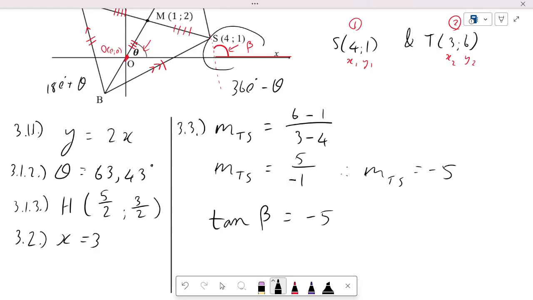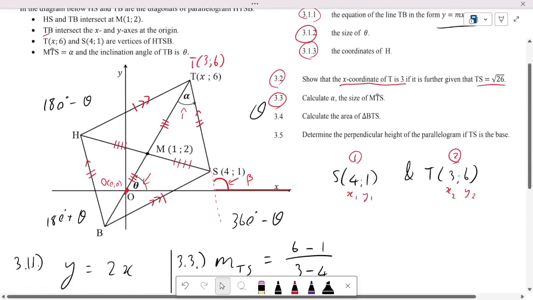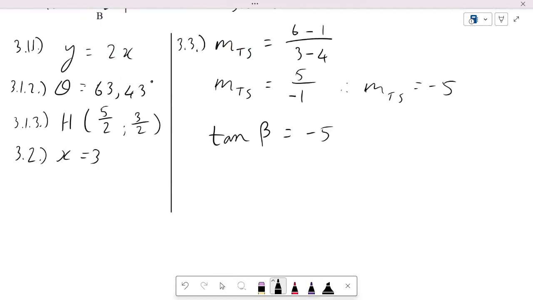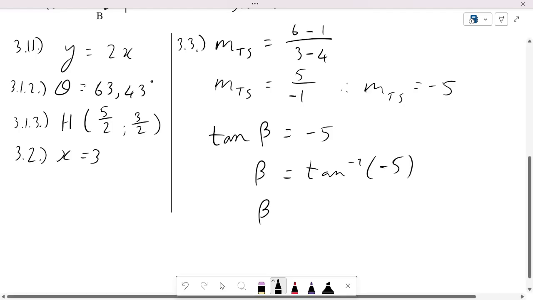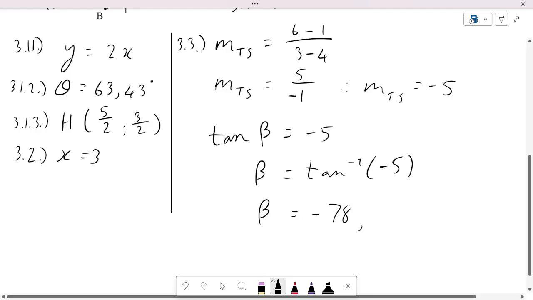That was what we created so that we can get towards our answer, which is alpha. So tan beta is equal to negative 5, and we have to arctan, so it's arctan of negative 5, which will give us an answer of negative 78,690 degrees.